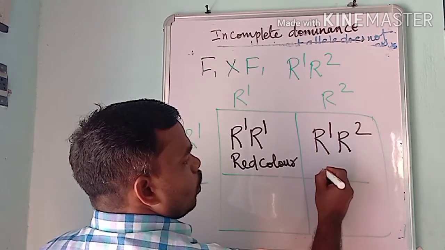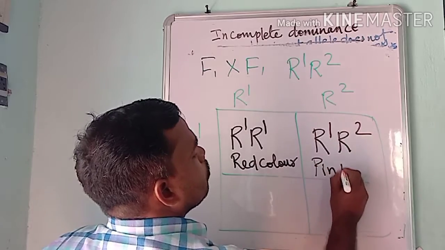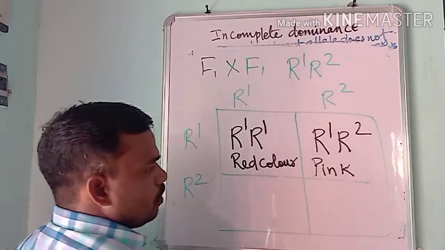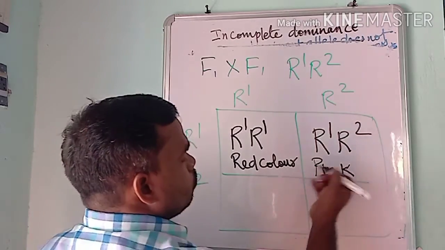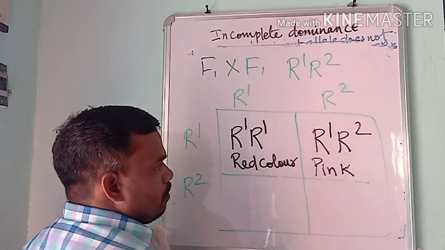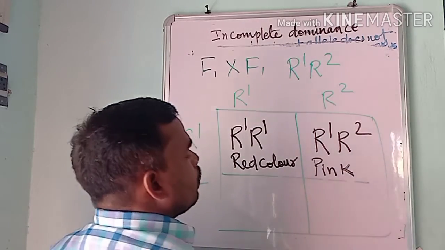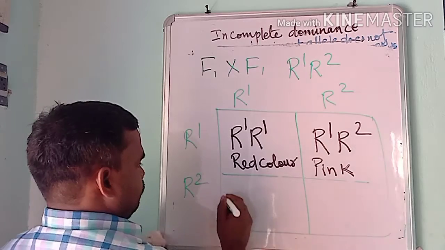Here it shows the pink color because the R1 gene expresses only 50%. It is not completely expressing itself, only partially expressing itself.